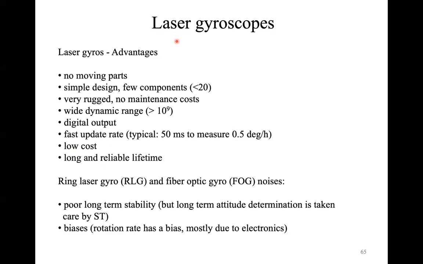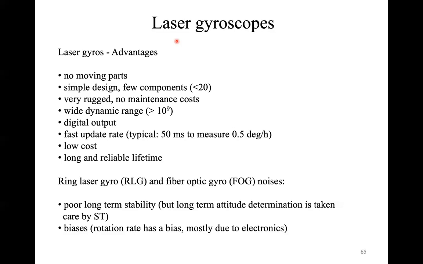So here is briefly anticipated what we're going to see in detail for the modeling of laser gyroscopes. We have to take into account that there are different error sources in both ring laser and fiber optic gyroscopes. The main problem, as I said, is the poor long-term stability.